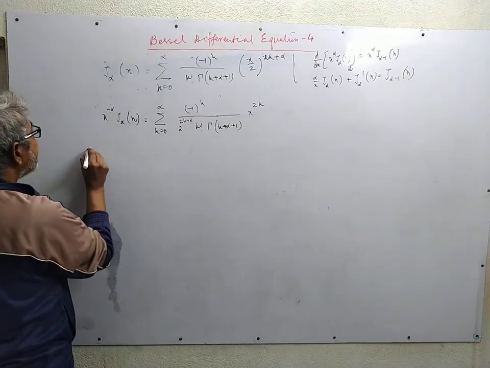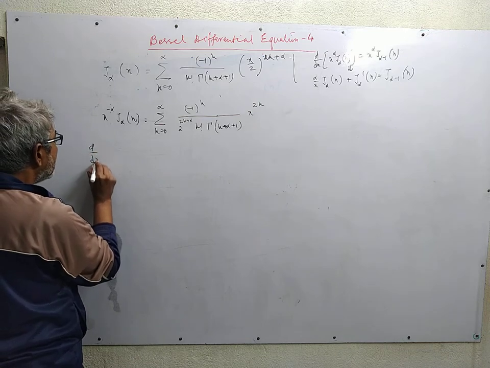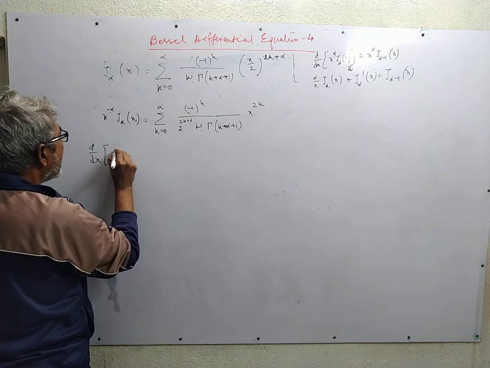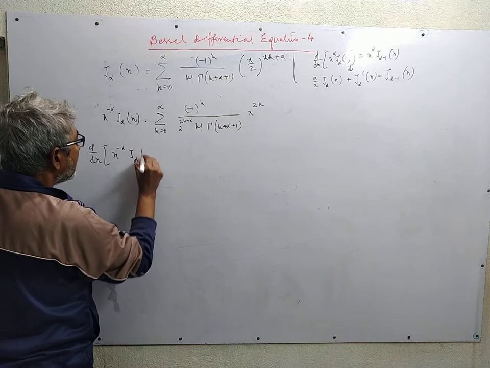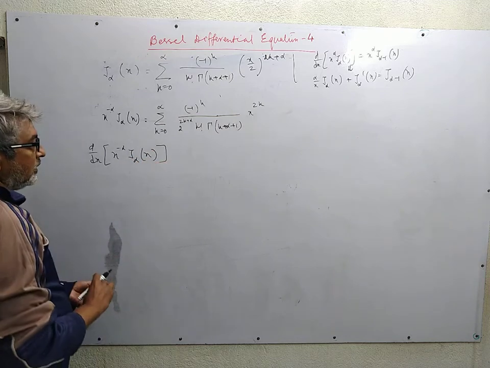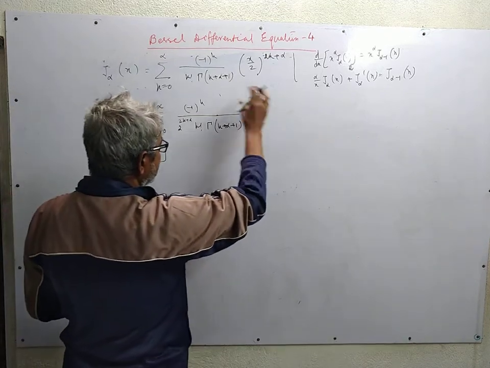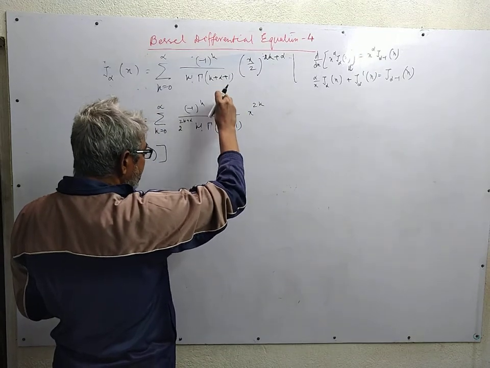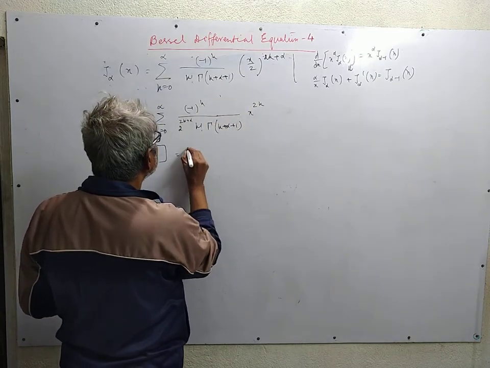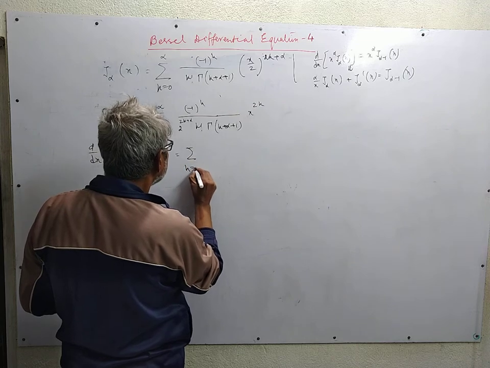And if we take the derivative of it, this part will be differentiated, so it results in a 2k and the power will be reduced by 1.